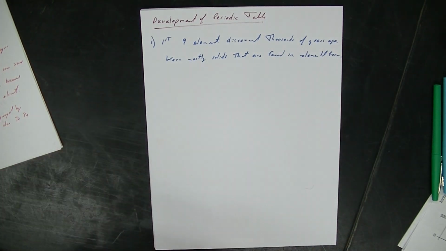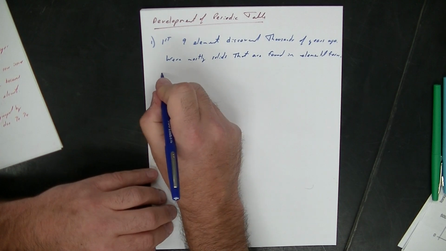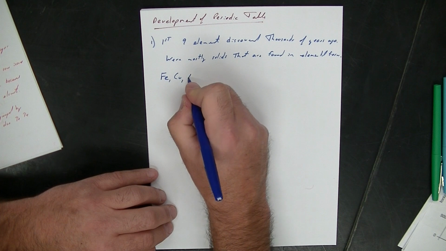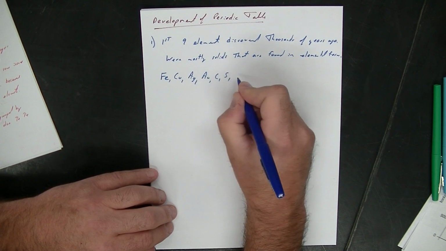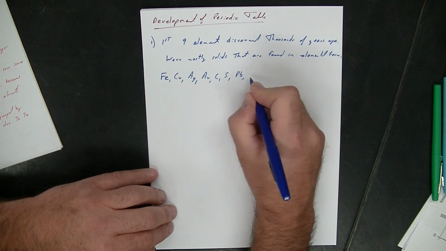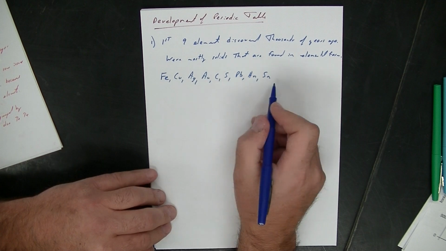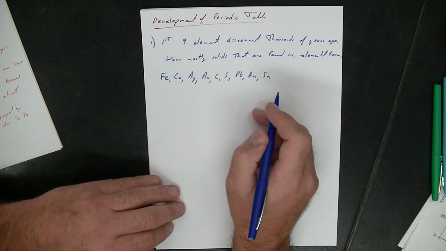And these are ones that are some of our least active. So let's see, we found iron, and there was copper, and silver, and gold, and carbon, and sulfur, and lead, and mercury, tin. Right, so we found these a long time ago.